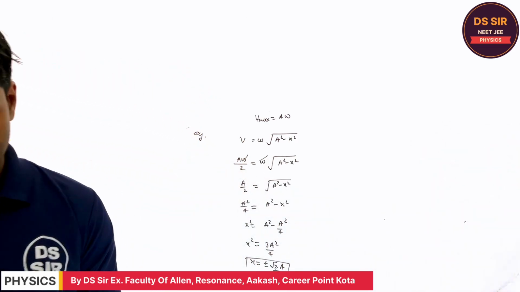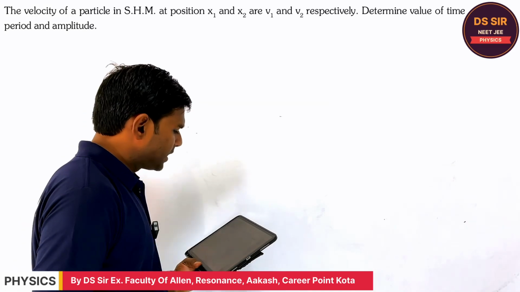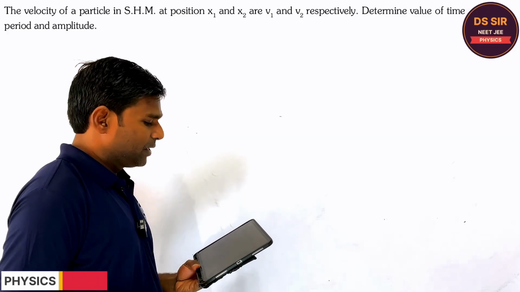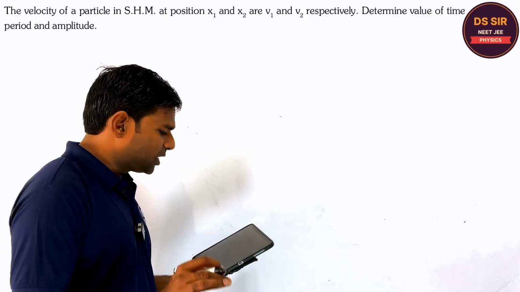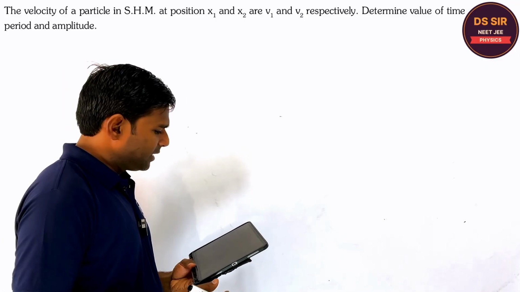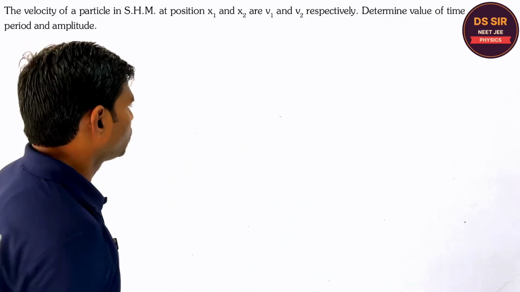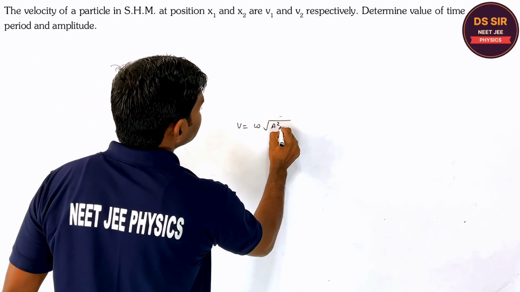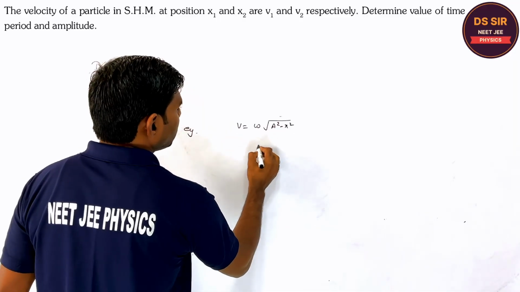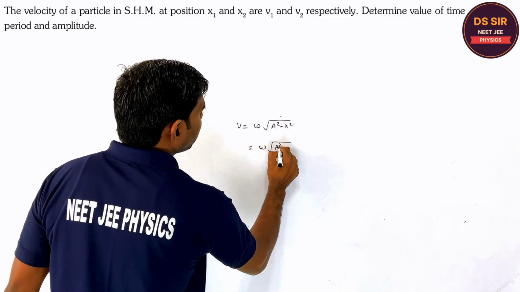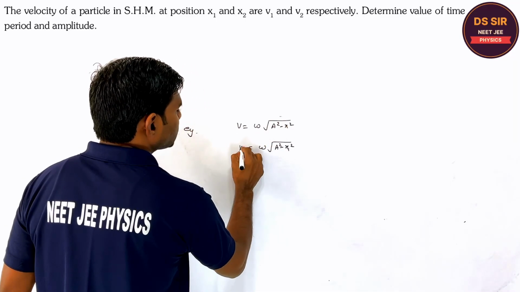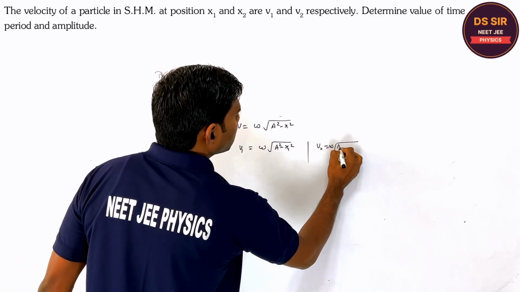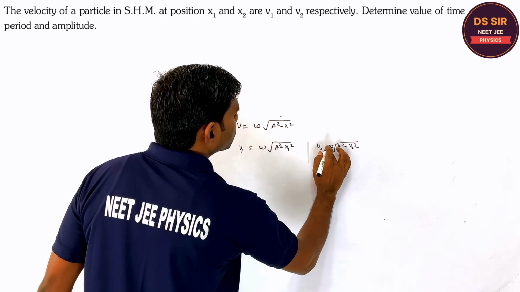Copy this. So in the next example, the velocities of a particle in SHM at positions x1 and x2 are v1 and v2 respectively. Determine the value of the time period and the amplitude, right? In this case, we will again use the formula like this. So at position x1 the velocity is v1, and at position x2 the velocity is v2.